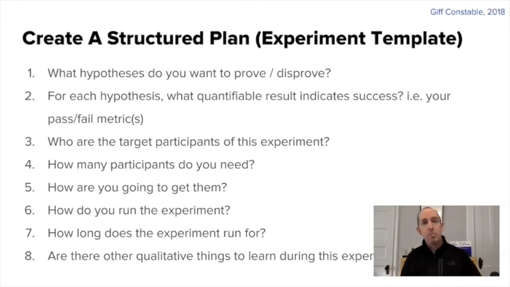Next, how are you going to run the experiment? Now, for this part of the template, just try to write out a few sentences that lay out the skeleton of what this is going to be, and then lay out how long you want it to take. Be aggressive about how long it's going to take. Lastly, think about the qualitative things you want to learn as you run this experiment.